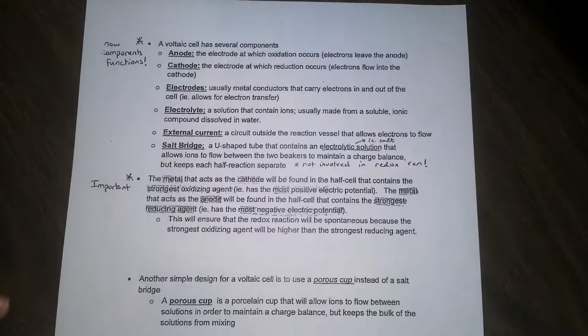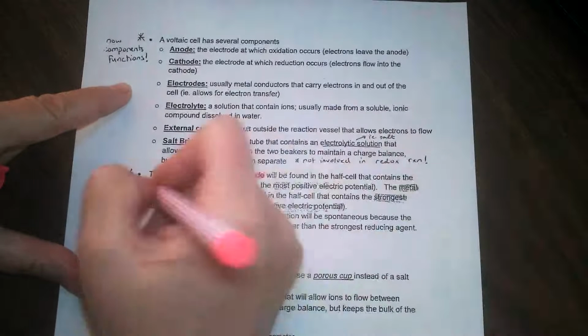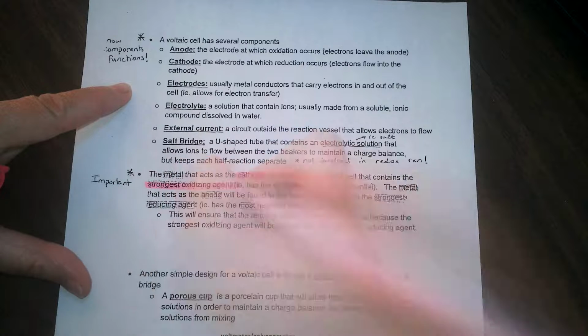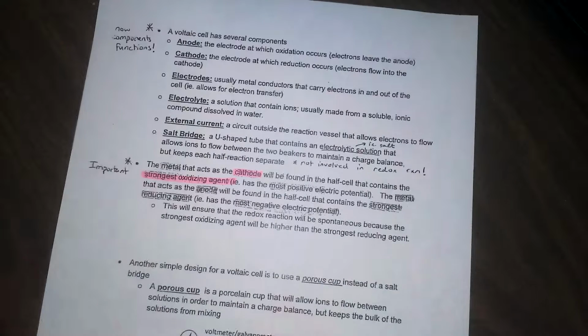This is what you need to take away. The metal that acts as a cathode will be found in the half cell that has the strongest oxidizing agent. Highlight that loud. The cathode has the strongest oxidizing agent. Okay.